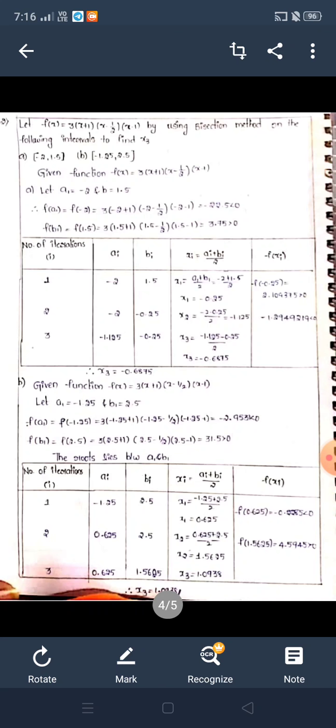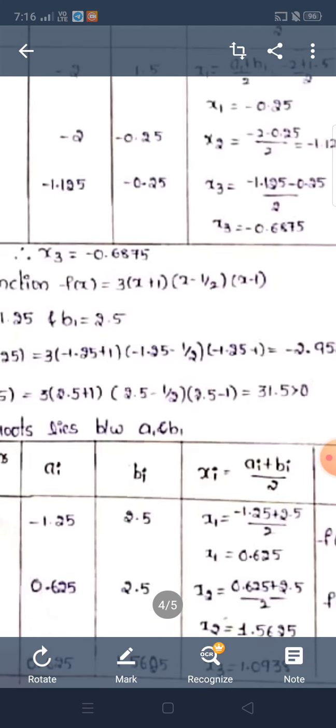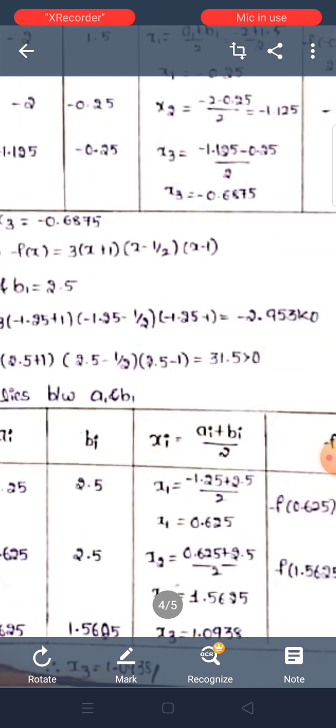This is greater than 0. Therefore, the root lies between 0.625 and 1.5625.